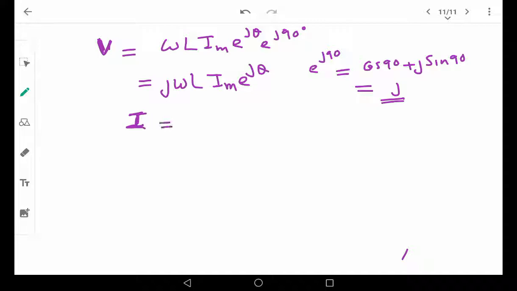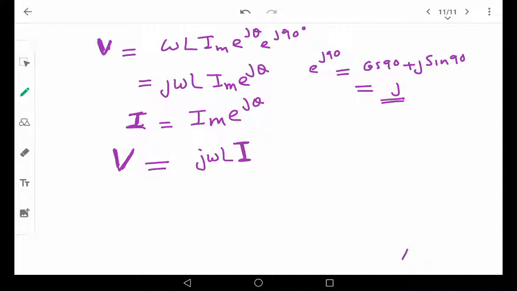You know the phasor for the current I is Im e raised to j theta. So that means the phasor for the voltage in the case of an inductor is given by j omega L into the phasor for the current.